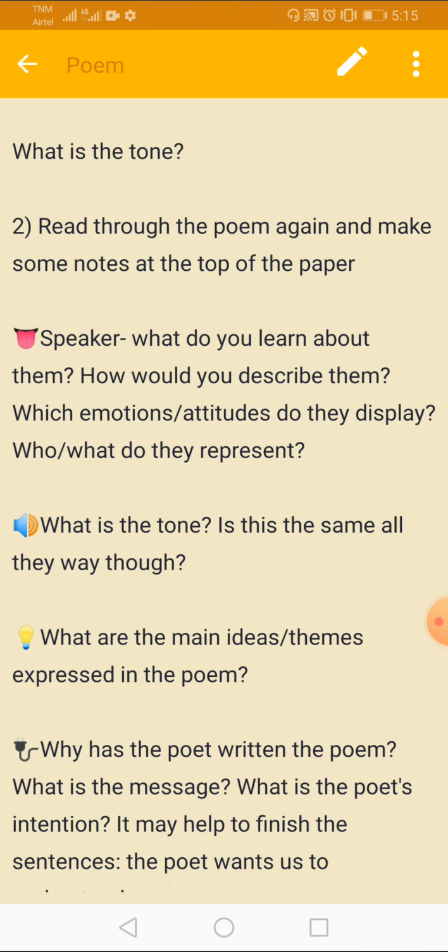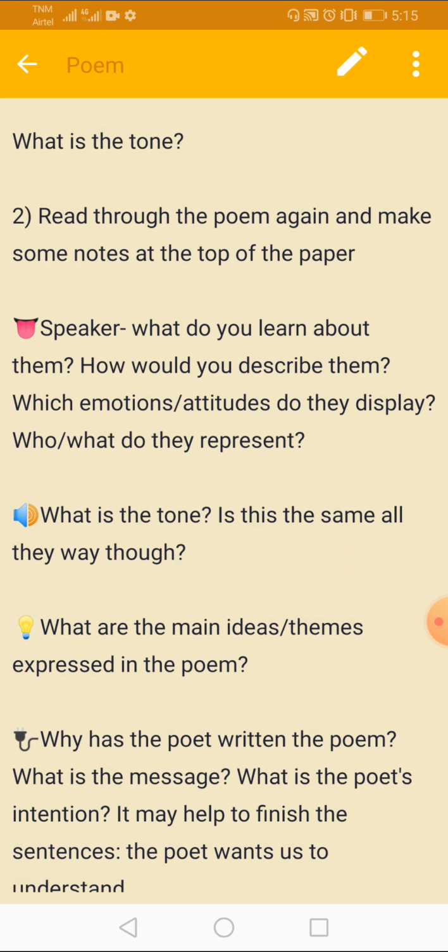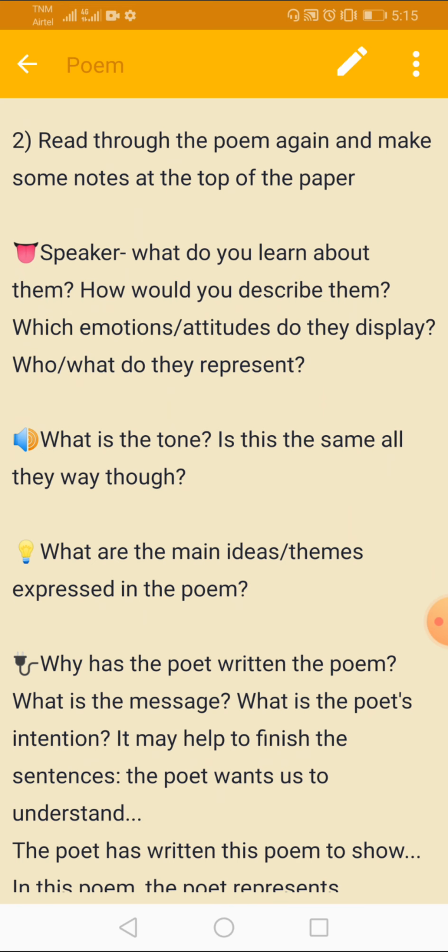Read through the poem again and make some notes at the top of the paper, so that you can easily annotate and easily understand what is being asked of you. Here there's a speaker. What do you learn about them?